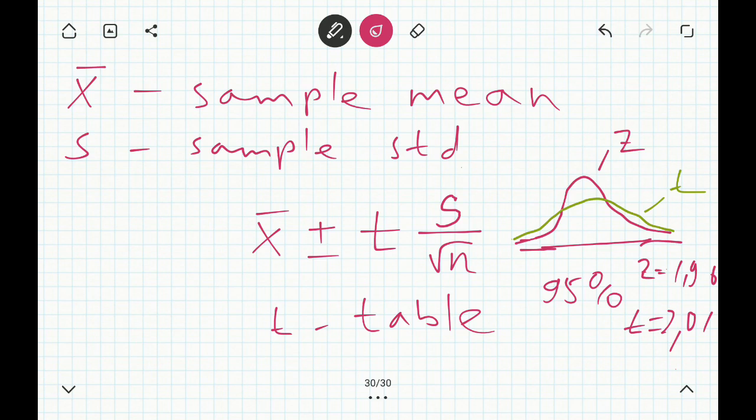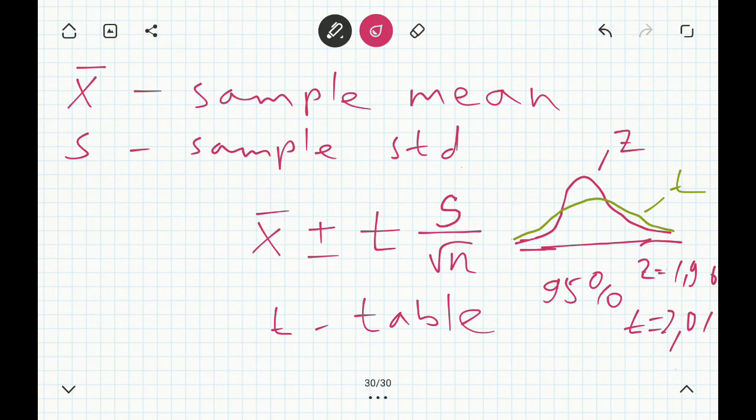So the t table differs from the z table a bit. In the z table, you only have values for z and the probabilities. In the t table, you have your probabilities starting from 90% and all the way up to 99%, and you have your sample size or degrees of freedom.